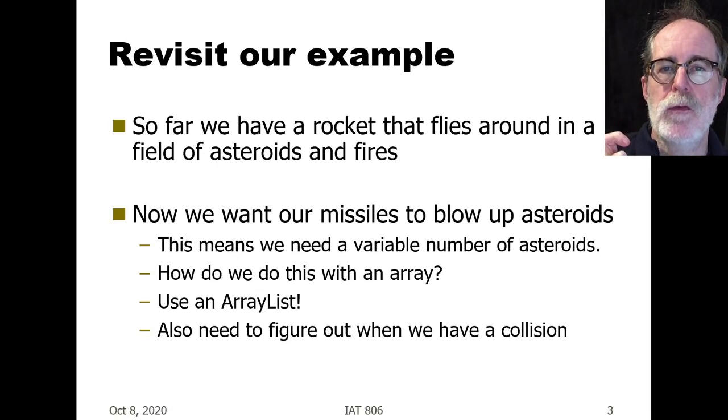That means if we're going to blow up asteroids, we need to take them out of the array. We can't draw asteroids that are not there, and we need to be able to deal with that problem. So how do you deal with this problem of making an array lose some items? Well, there are a number of approaches. So what I'm going to do now is pause for 5 seconds where we talk over the possibility of how we can do it.